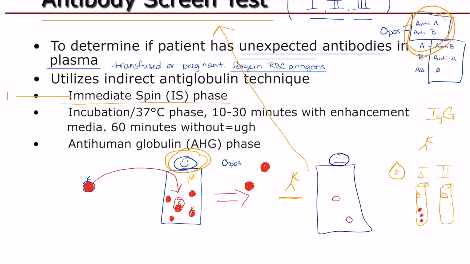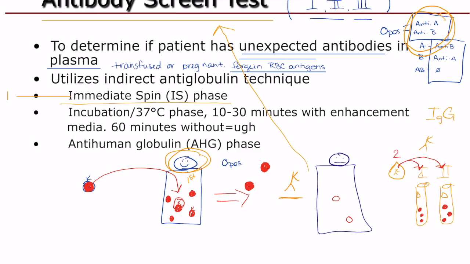Remember, we have to have a known thing. And then these are screening cells 2. And then we add my plasma. How many drops? Remember, it's always 2 drops plasma or serum to 1 drop cells. So we add that. We do immediate spin. We read it. We record our results.